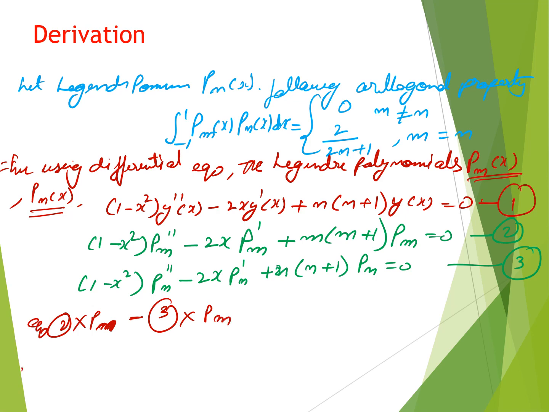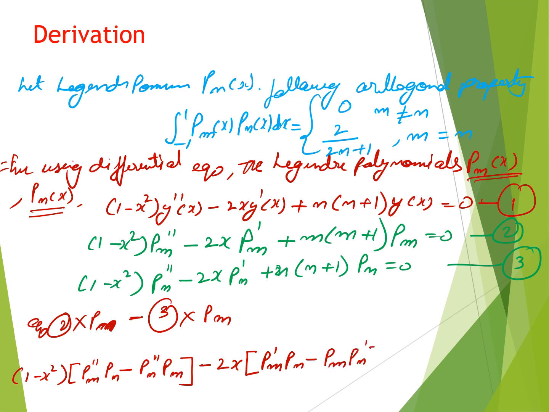Then we get (1 - x^2)(Pm'' Pn - Pn'' Pm) - 2x(Pm' Pn - Pn' Pm) + [m(m+1) - n(n+1)] Pm Pn = 0.